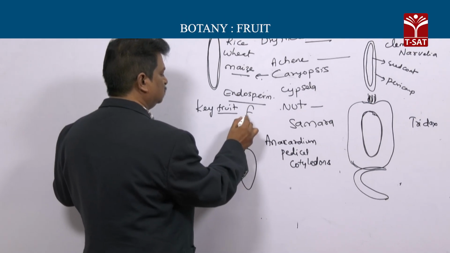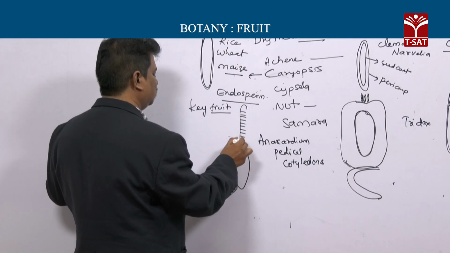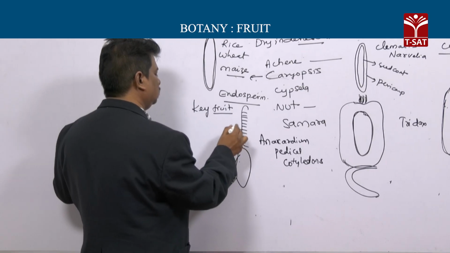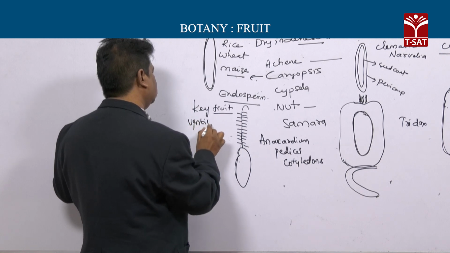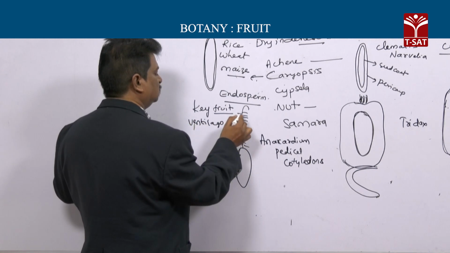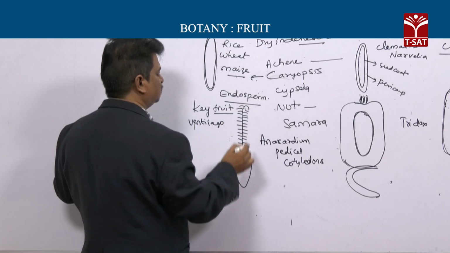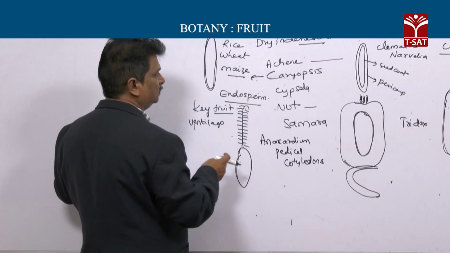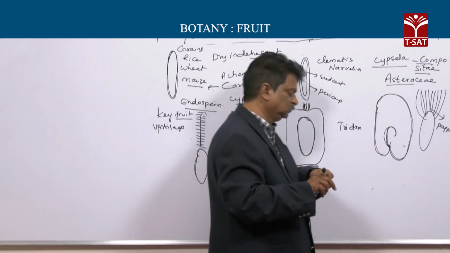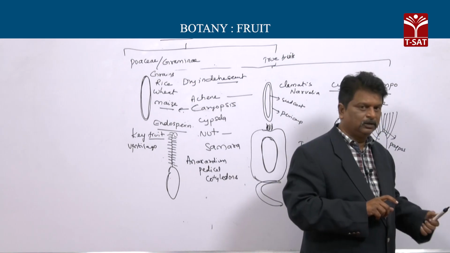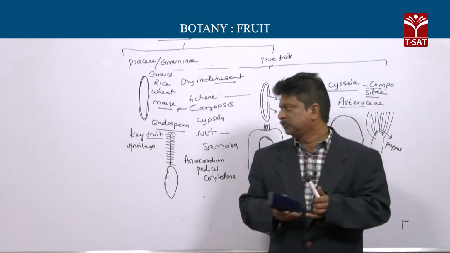A winged fruit is called a samara fruit. An example is Ventilago, where the style is persistent, feathery and helps in fruit dispersal. So these are dry indehiscent fruits.